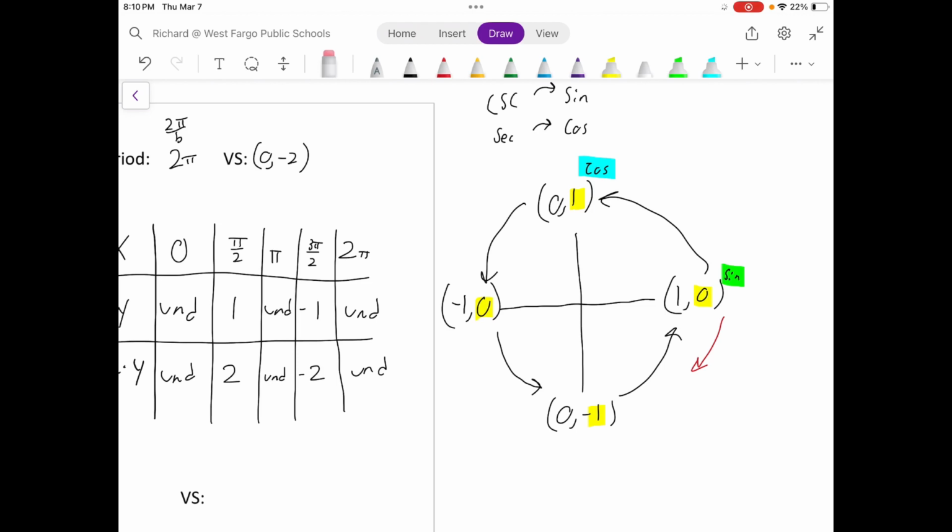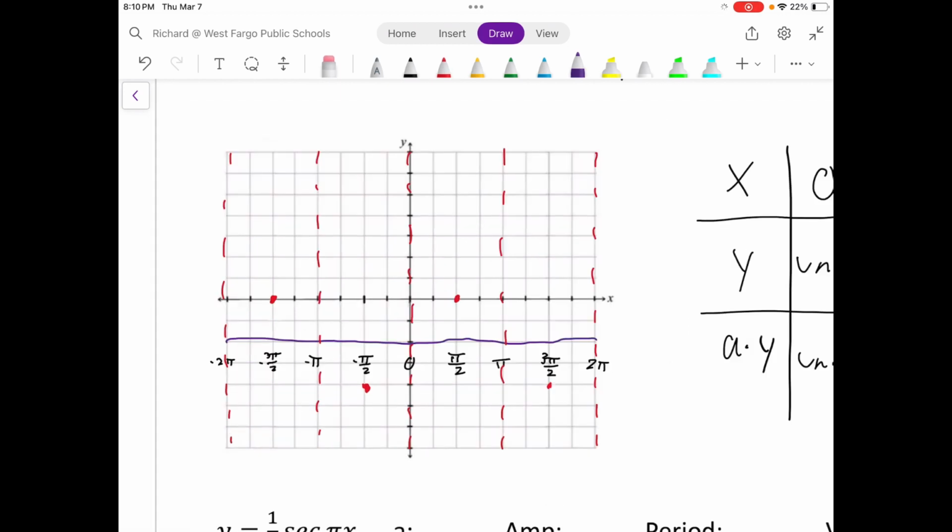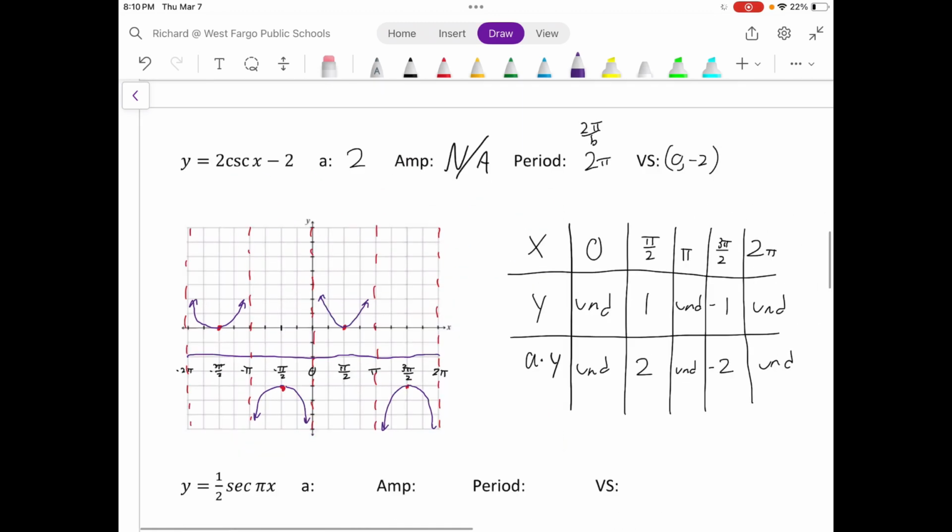So our next point after undefined in the negative direction will be -1, which is why this is negative and this is in the positive. To graph these lines, because we do have an undefined line in between each point, we simply pull the lines up and out. And your graph should look like this.